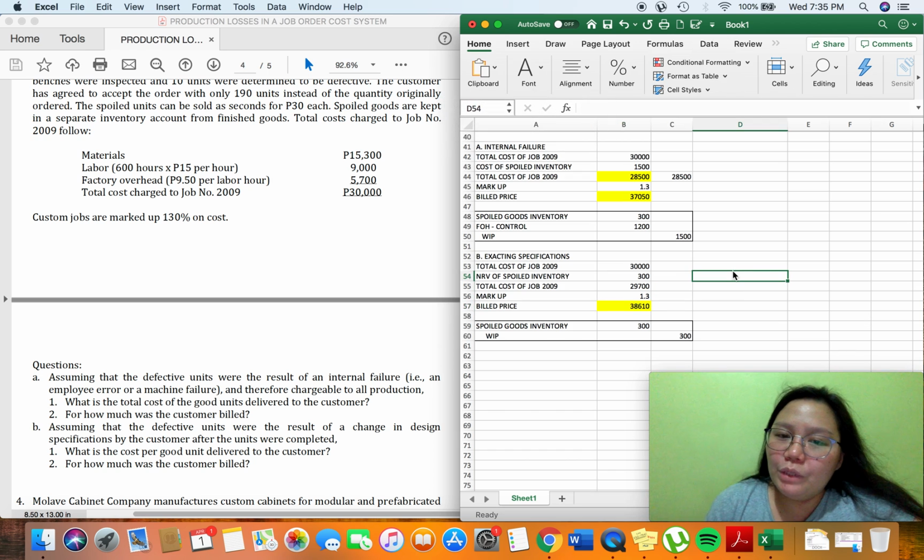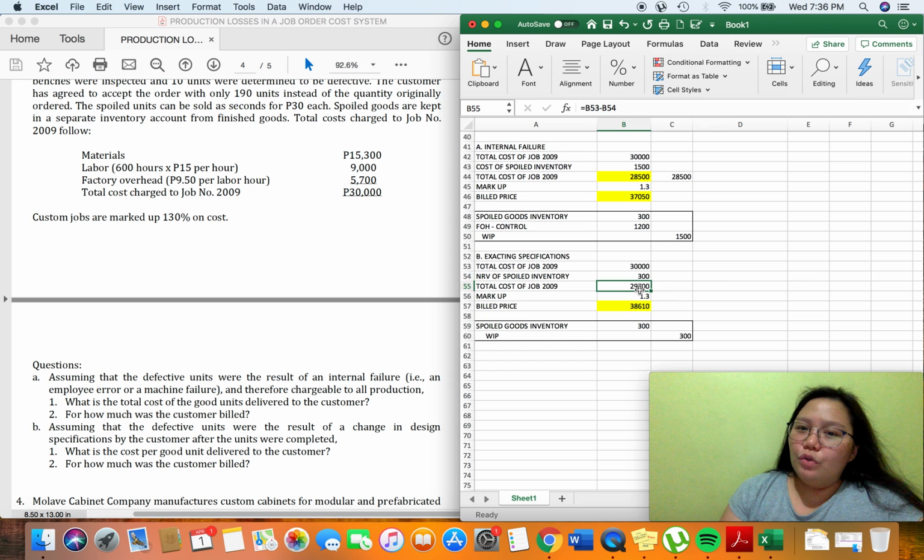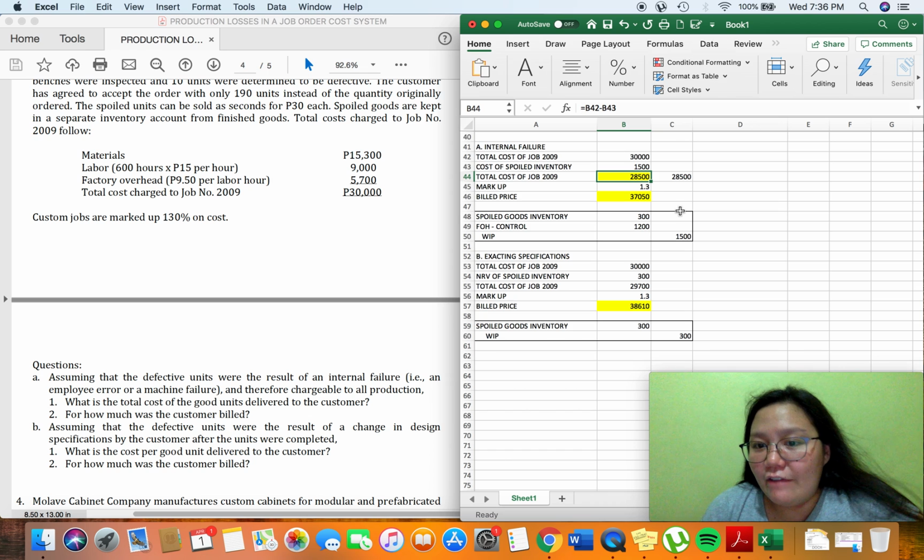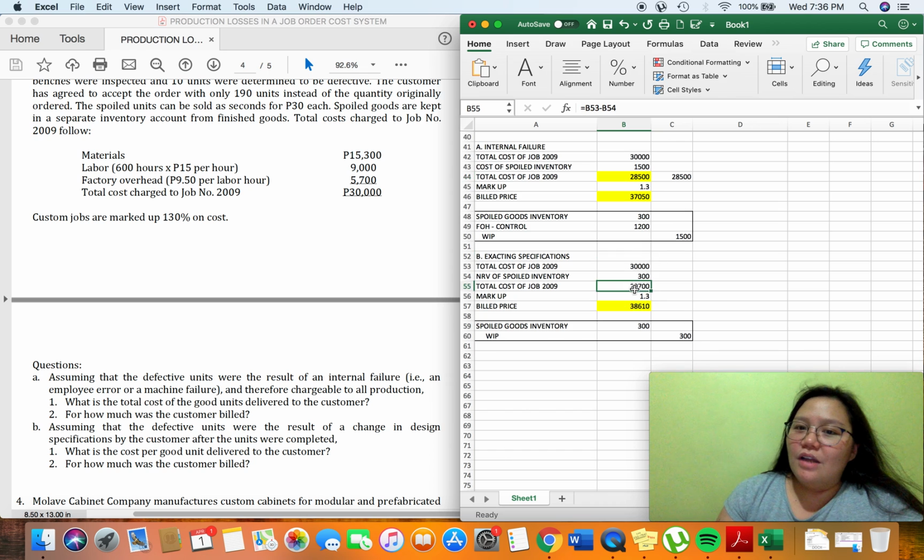So, in the journal entry, parang hindi mo siya mapapansin agad na nasa-shoulder nung customer yung loss. But when you compute for the total cost of the job, di ba? Since you have deducted a smaller amount from the total cost of job 2009, the total cost is now higher as compared to our total cost earlier. Kanina, ang total cost lang niya 28,500. But now, the total cost is now at 29,700.